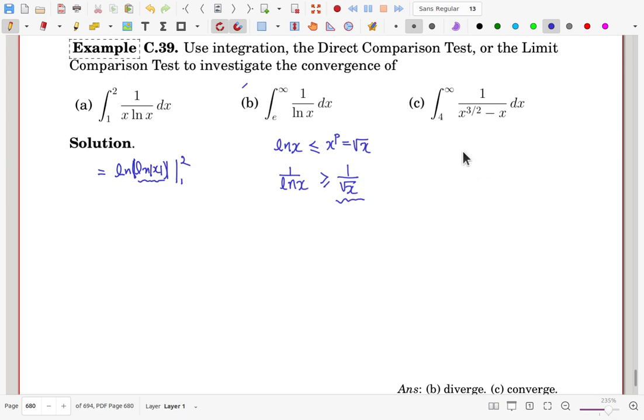Okay, for that one, the problem is around 4, and it's okay, the value exists. Now, from 4 to infinity, for any fixed point, this one is not going to infinity.